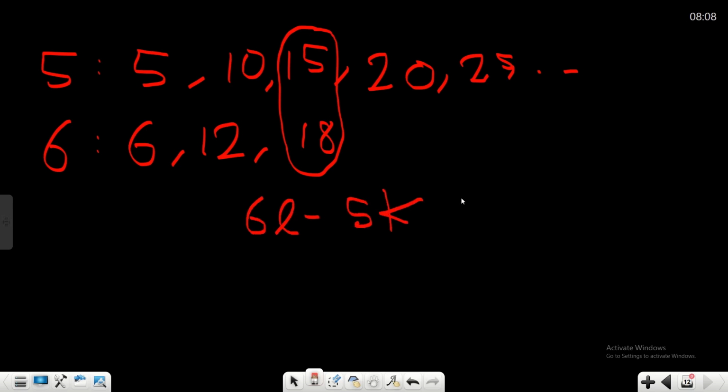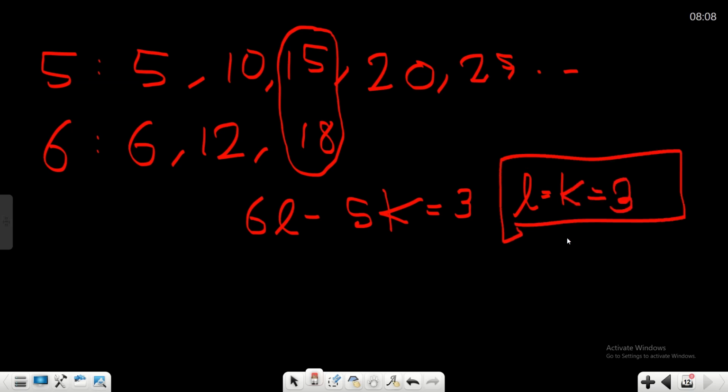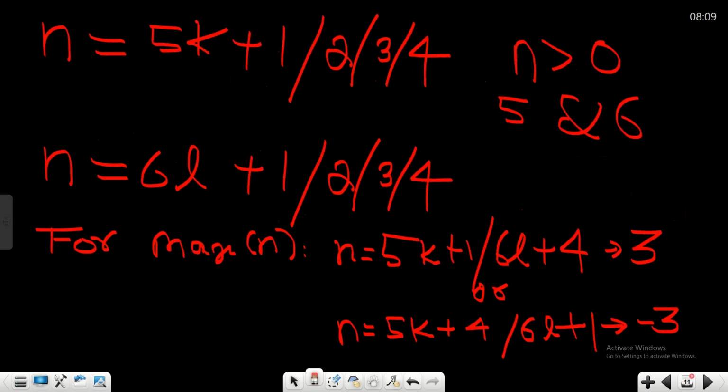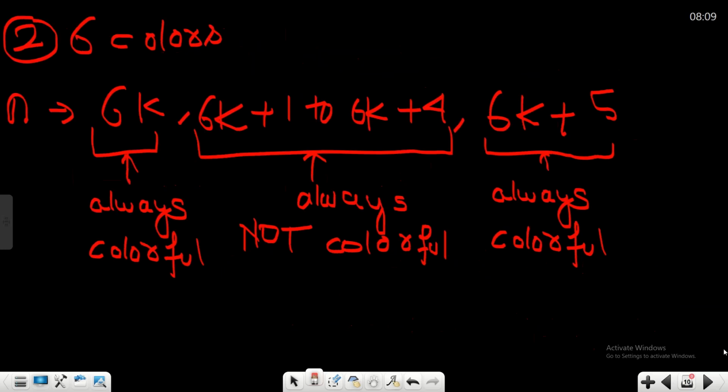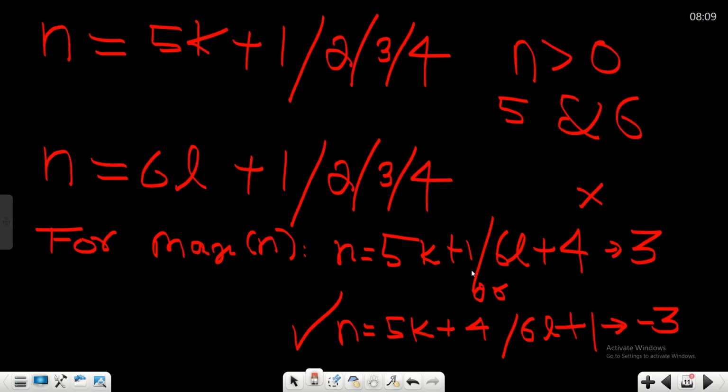And here unfortunately l became k, so l is equal to k is equal to 3. This is just a coincidence. So one thing is clear, that l and k should be 3, and the form should be of this one. It can't be in the other form, because it should be in this form only.